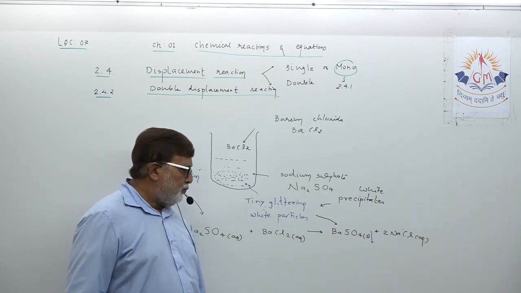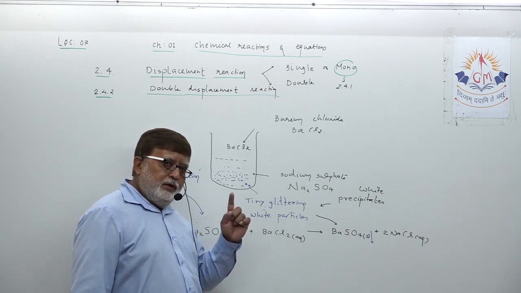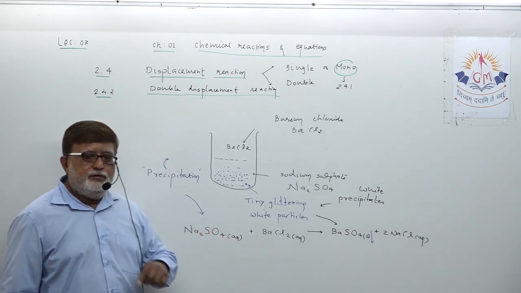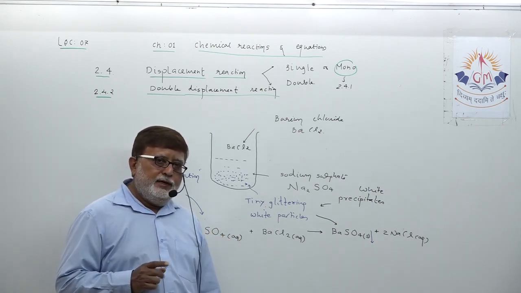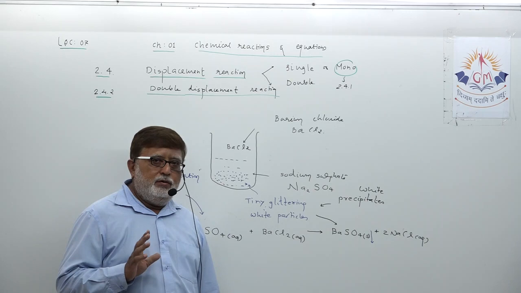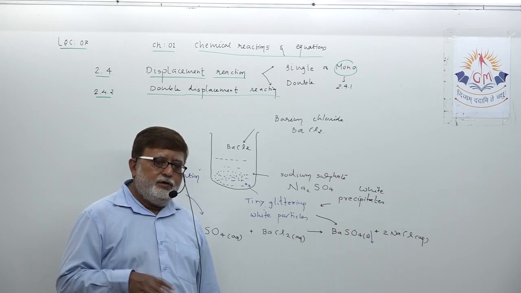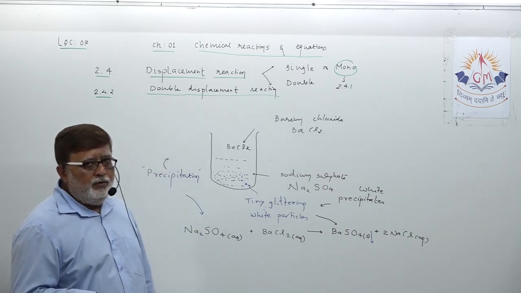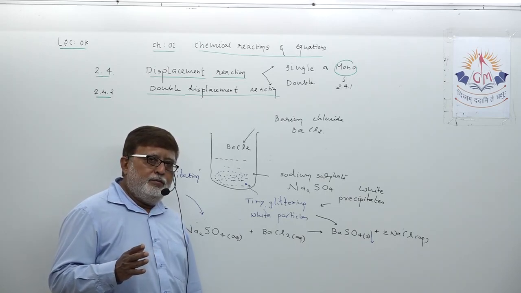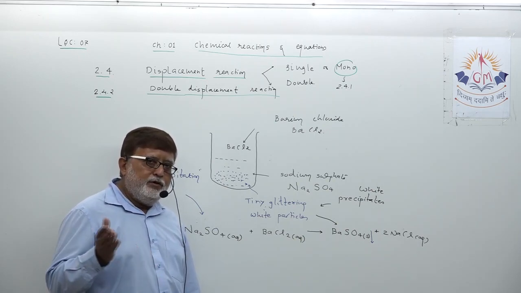Understood, right? This is an example of precipitation reaction. Another example of precipitation reaction, if you can remember, we have studied already while I was explaining the basics of chemical reaction, color change. At that time also I gave you an idea about lead nitrate and potassium iodide solution, which form lead iodide and potassium nitrate.